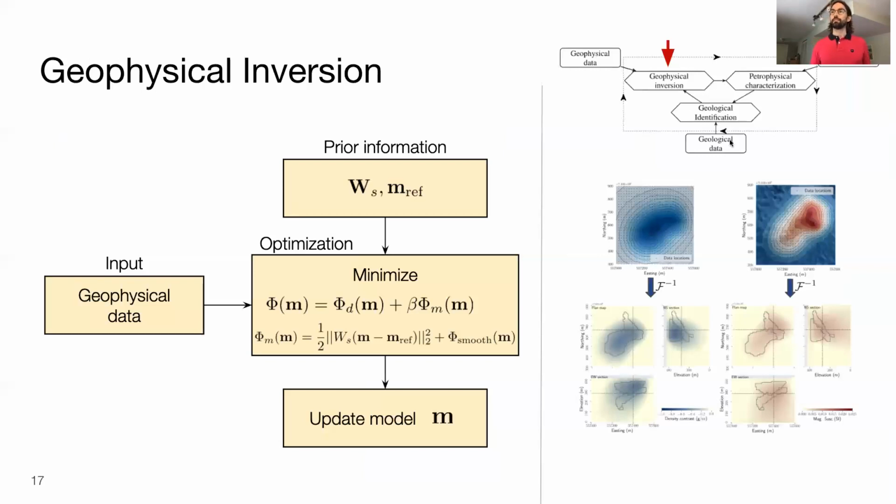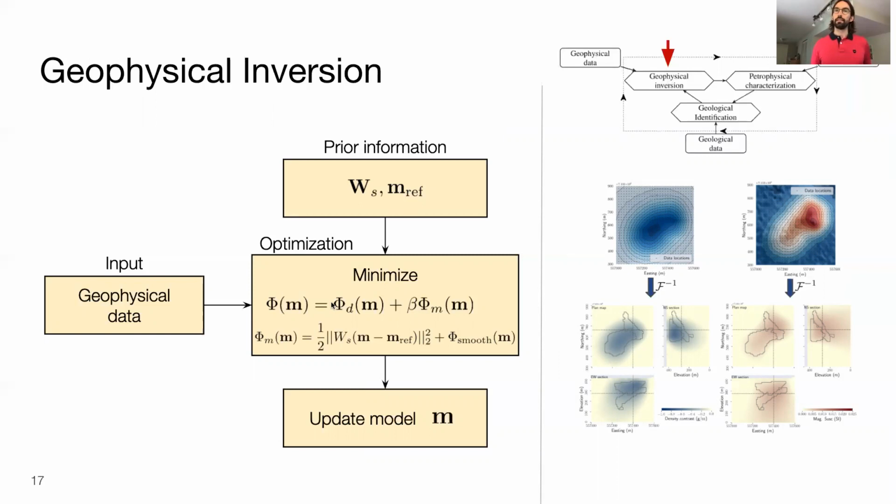Taking the framework from the pictures that I've shown you before, looking at the geophysical inversion inverse problem, it actually doesn't change at all from before. I have some input geophysical data, and I have some prior information in terms of reference model and the smallness weight.